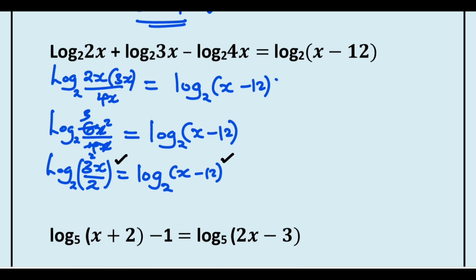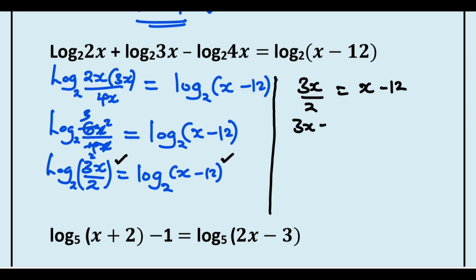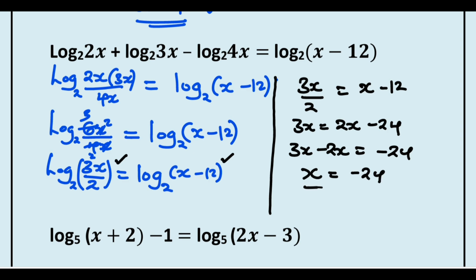So in that case, we shall now proceed, and we will get that 3x over 2 is equal to x minus 12. So therefore, the first thing, remove the denominator on the left side, multiply both sides by 2. You remain with 3x is equal to 2x minus 24. So now collect like terms. 3x minus 2x is equal to negative 24. 3x minus 2x is x, so x is equal to negative 24. And that becomes the final answer. x is equal to negative 24.